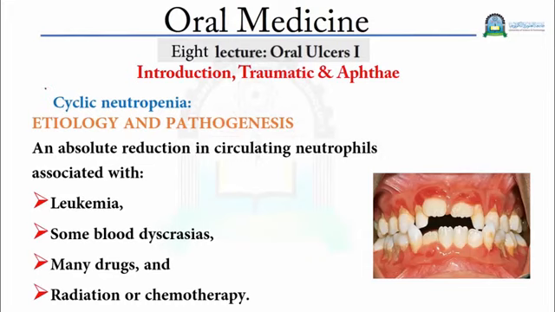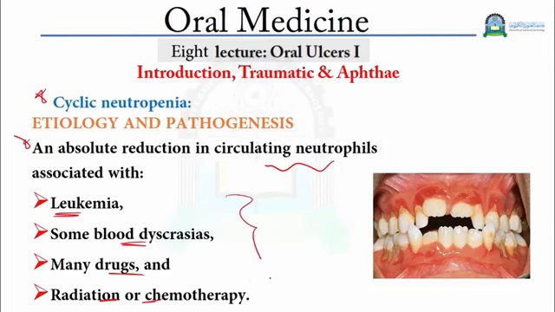Cyclic neutropenia. Cyclic neutropenia is a systemic condition but manifests as ulcers in the oral cavity. What are the etiology and the pathogenesis? There is an absolute reduction in circulating neutrophils due to leukemia or some blood diseases, many drugs, as well as radiation or chemotherapy.